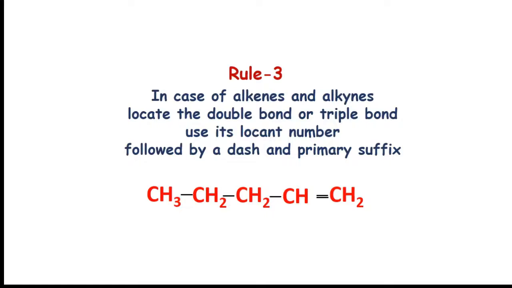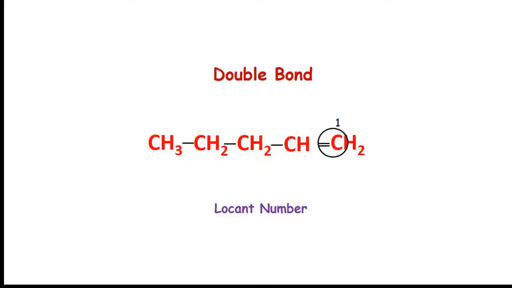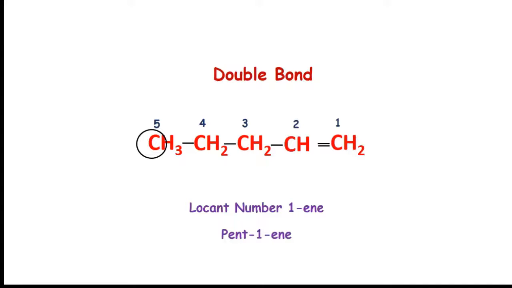Rule 3. In case of alkenes and alkynes, locate the double bond or triple bond and use the locant number followed by a dash and a primary suffix. The carbon chain is numbered in such a way that the multiple bonds have the lowest possible locant number.